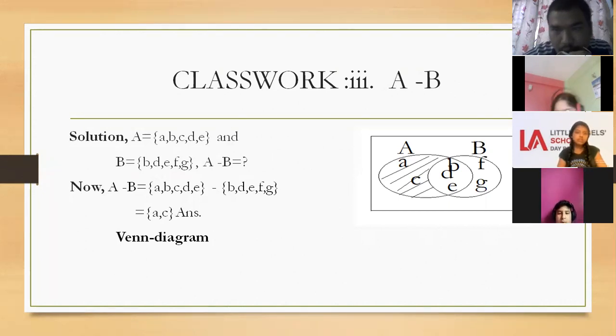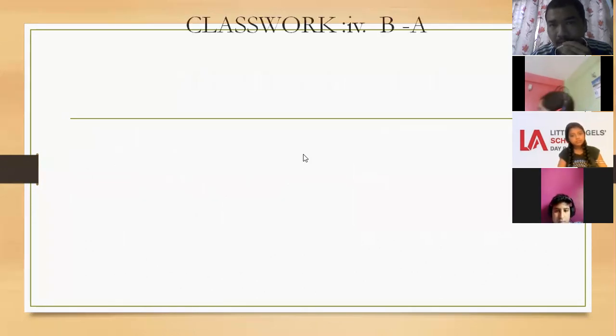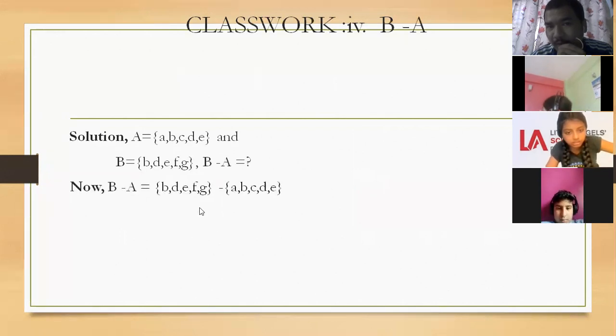Now I am going to proceed to the next slide, and it goes like this. Okay, Sarah, look here. In this question, it is asked to find B minus A, and here also it will be the same.